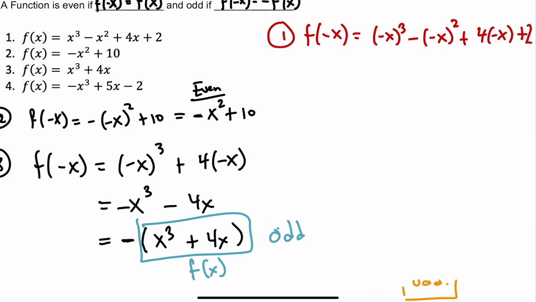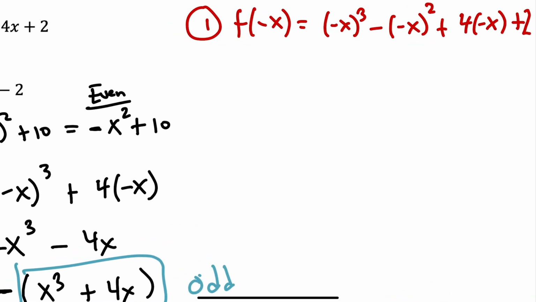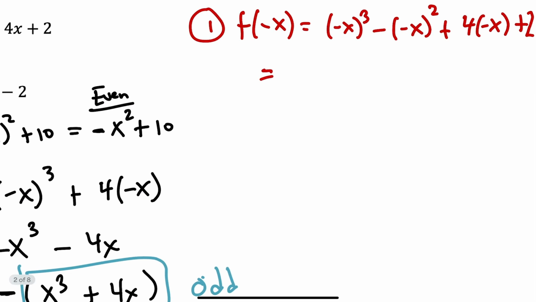I'm running out of space there. And then just work it. So here we go. We have an odd power, so that's going to remain negative. We have an even power, so that's going to become positive. So let's just stop there. So that's x cubed, but because it's odd, it stays negative.